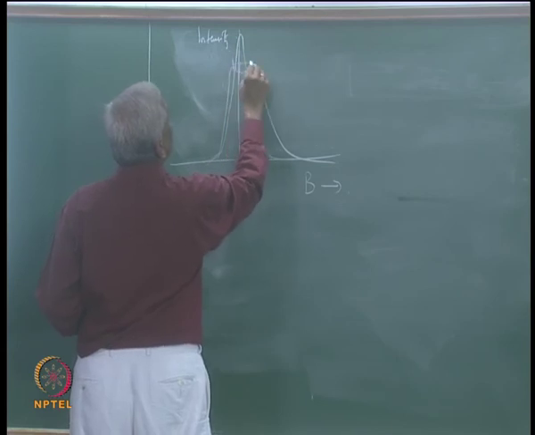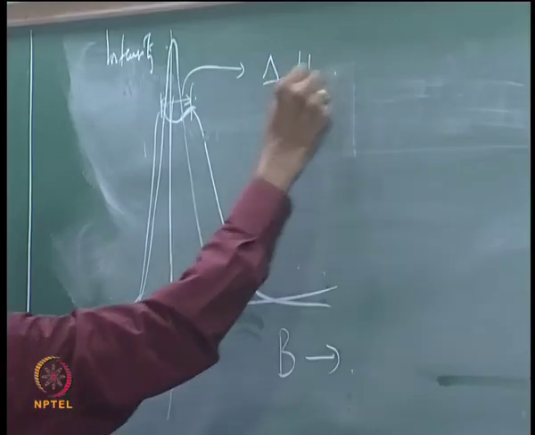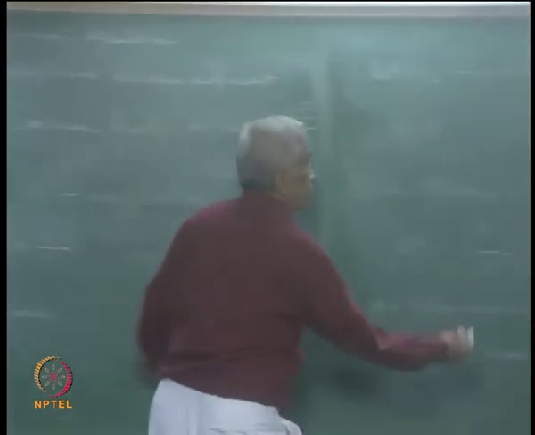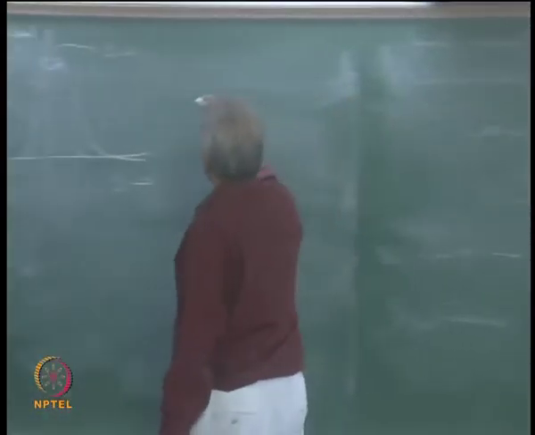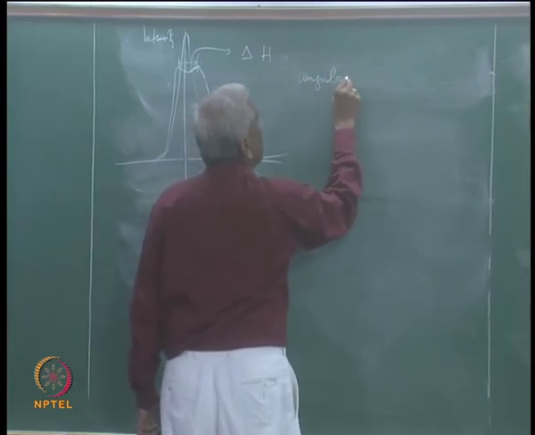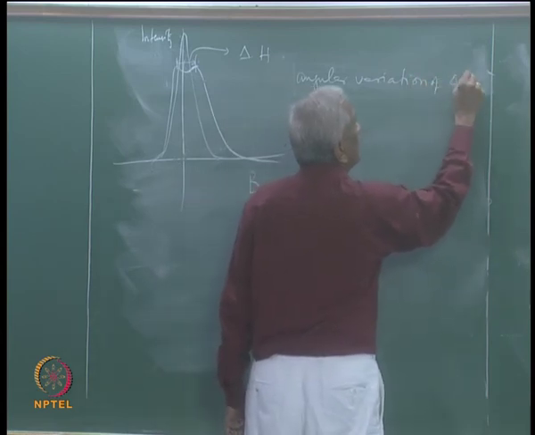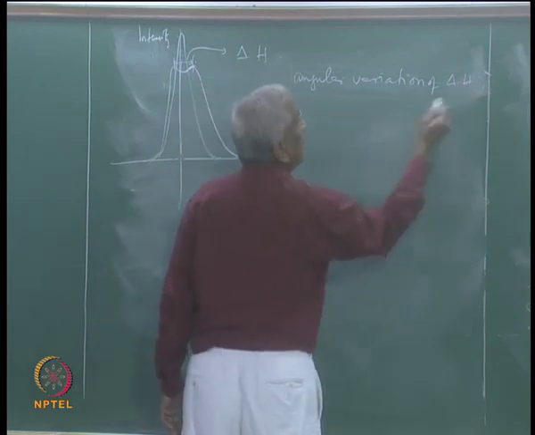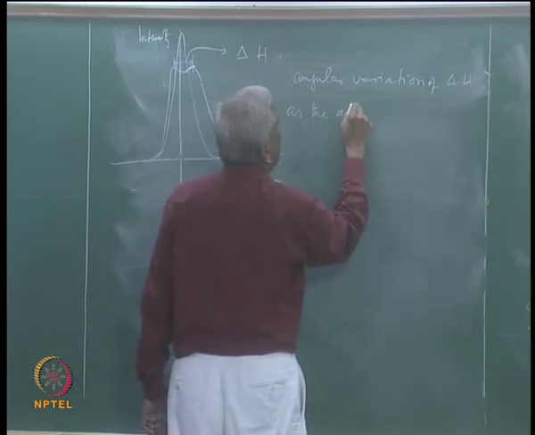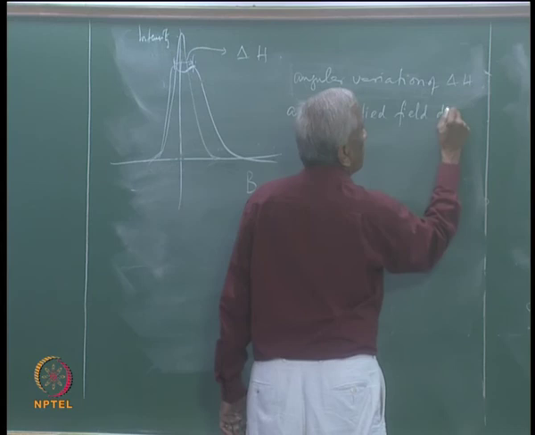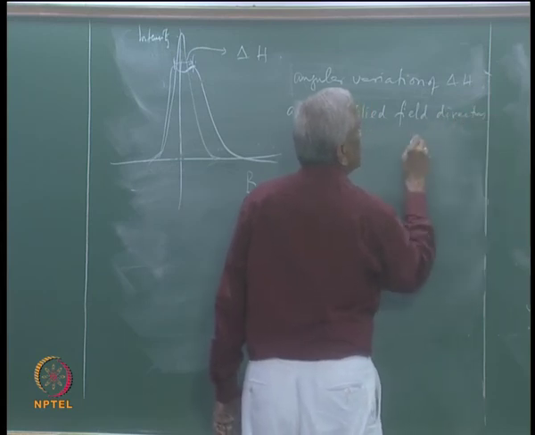This separation we call delta H. As one rotates the applied magnetic field, the angle theta changes, and therefore there will be an angular variation of this dipolar splitting as the applied magnetic field direction changes.